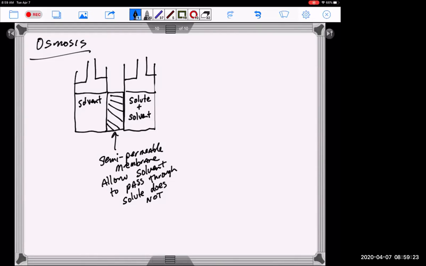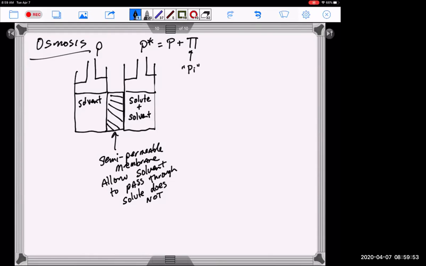The tendency is for the solvent to go in and dilute the solute plus solvent, and so the pressures are different. And this pressure that's different is the initial pressure plus some term. And this term is given the Greek equivalent of P for pressure, pi.